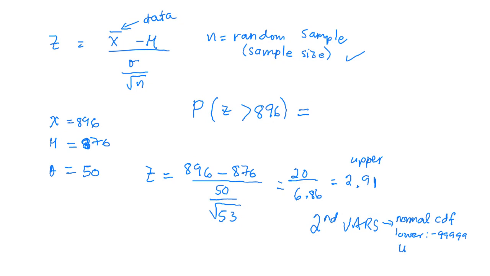Upper is going to be your upper, what we just computed is 2.91. The mean is going to be 0 because we're using the standard normal curve. Then the standard deviation is 1.